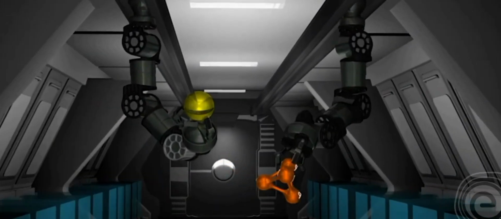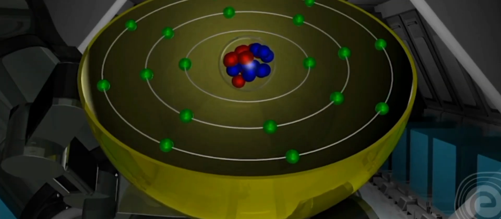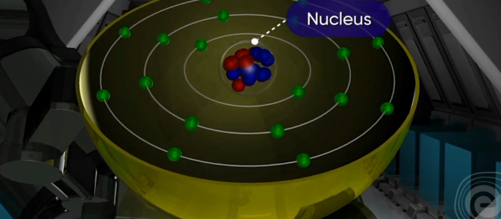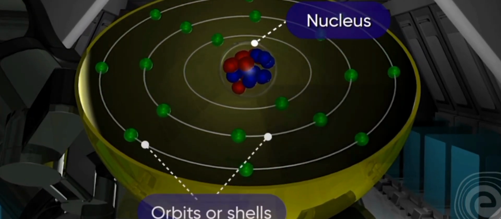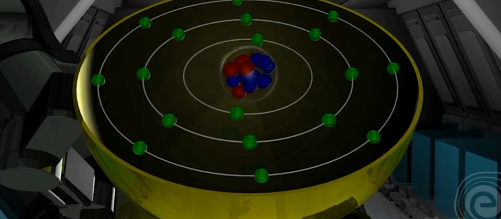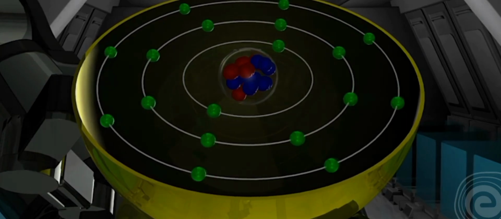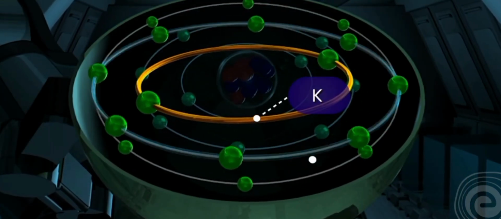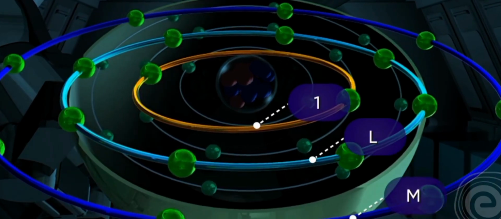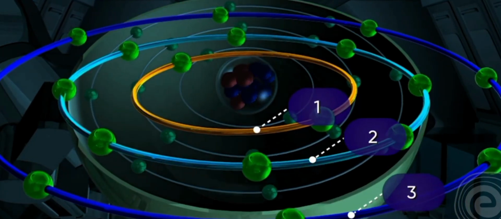According to Niels Bohr, electrons in an atom are arranged in a region around the nucleus called energy levels, orbits, or shells. These orbits are represented by letters such as K, L, M, or by numbers 1, 2, 3, and so on.